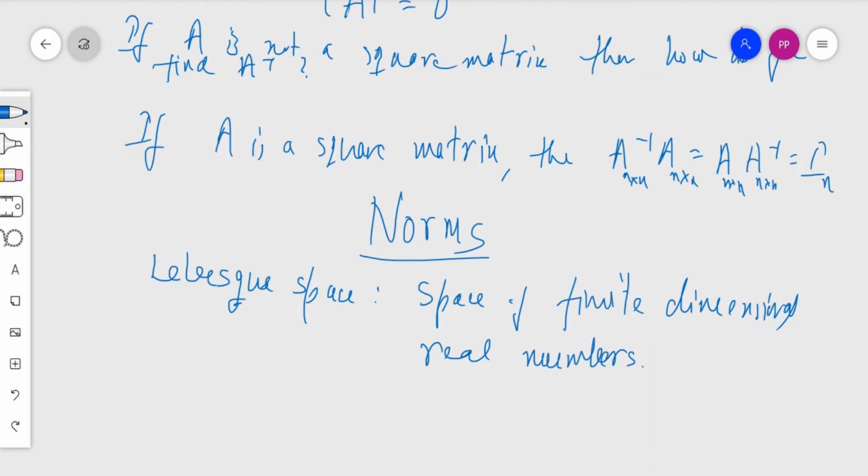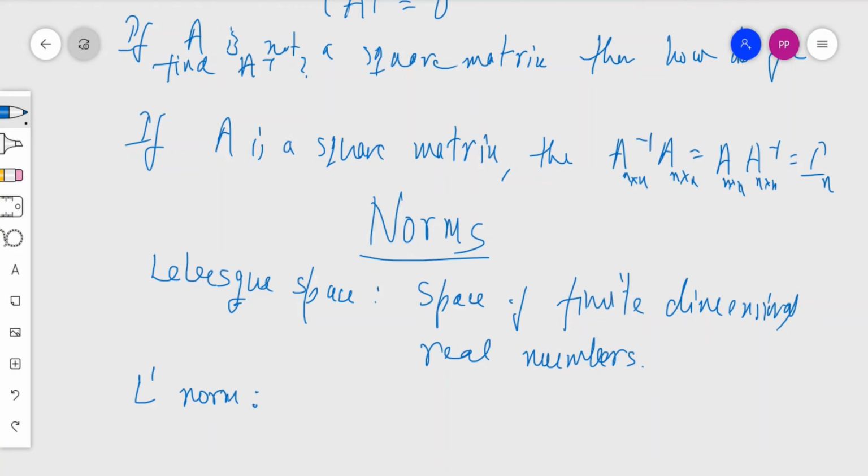So let us speak about the L1 norm. I can write it as L superscript 1, as L1.